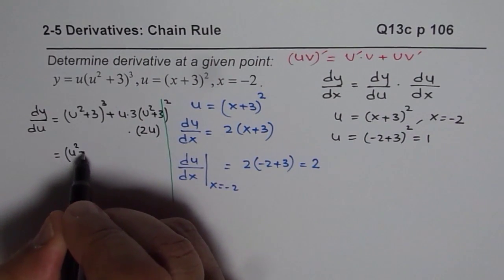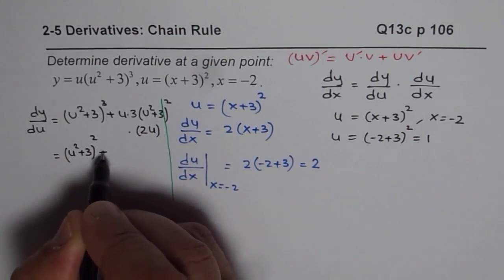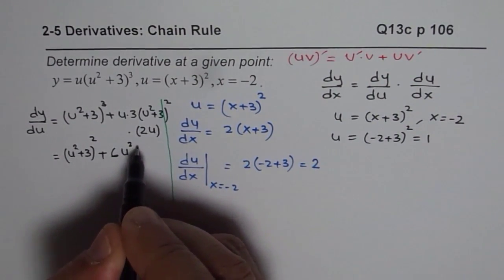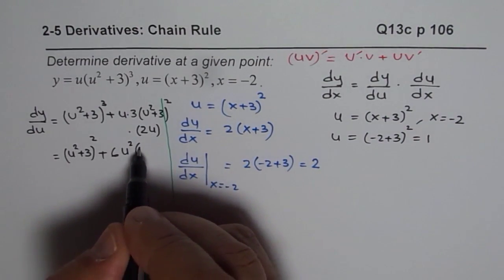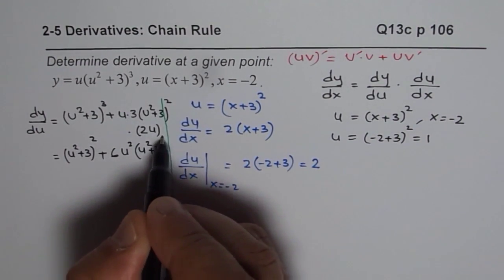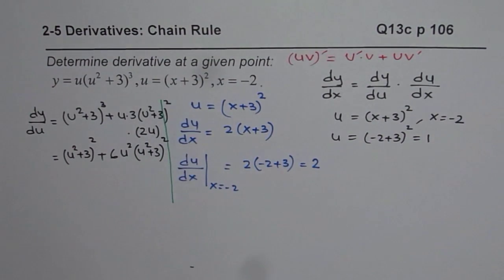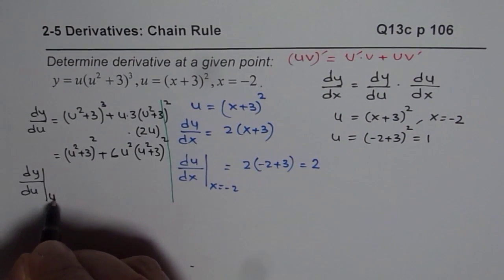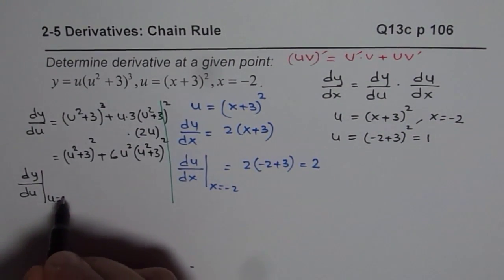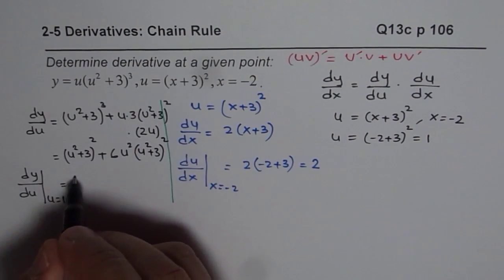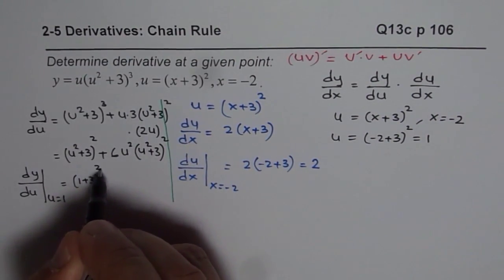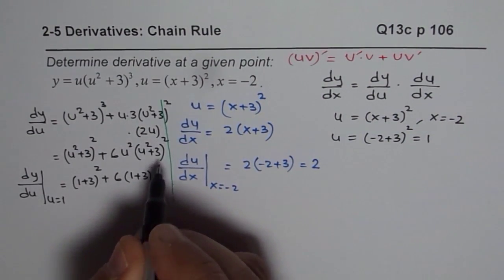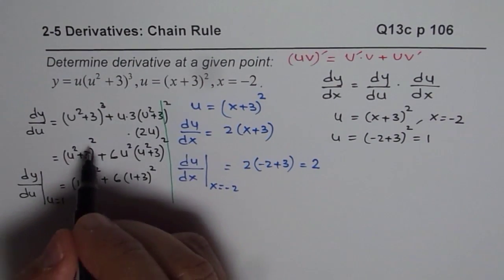So we have (u square plus 3) whole square plus 2 times 3 is 6, u times u is u square, and we have inside the bracket (u square plus 3) whole square. I'm sorry, this is cube.